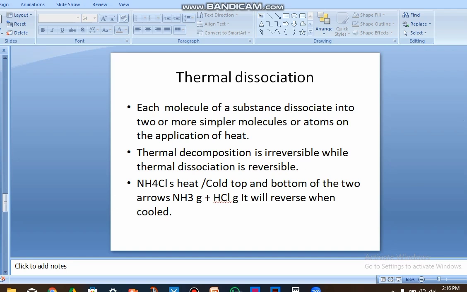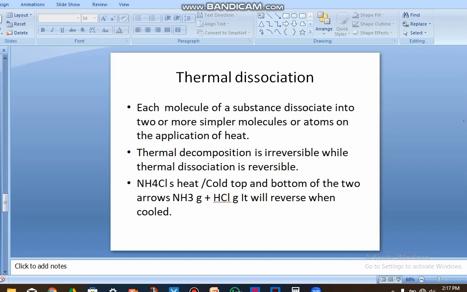Okay, let's look at thermal dissociation. It means that each molecule of a substance dissociates into two or more simpler molecules or atoms on the application of heat. The word dissociate means that each molecule of a substance splits into two or more.